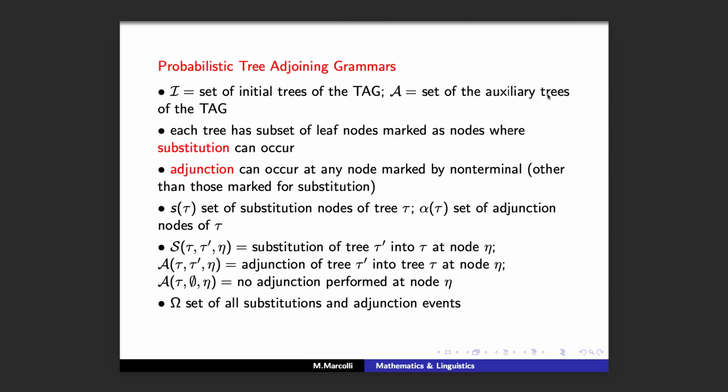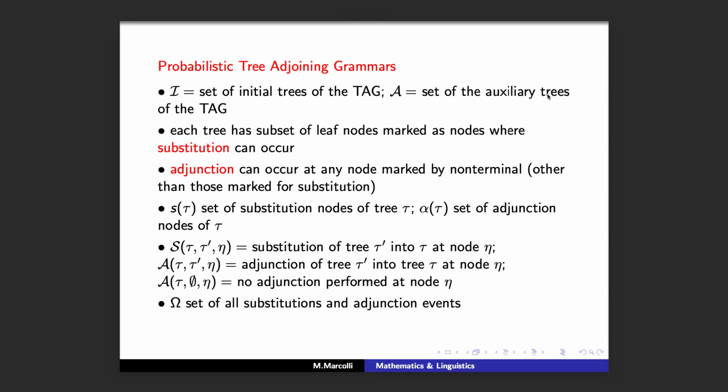You have all possible ways in which you can perform these operations: first substitution, the operand composition, and then an adjunction of another tree, which is this vertex insertion.